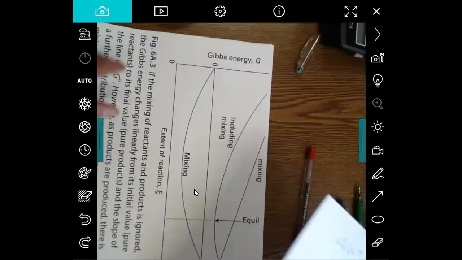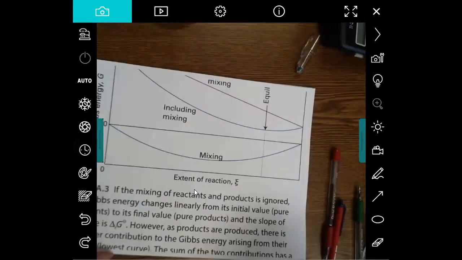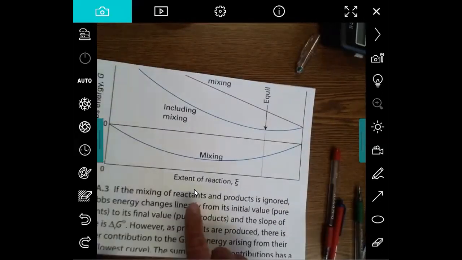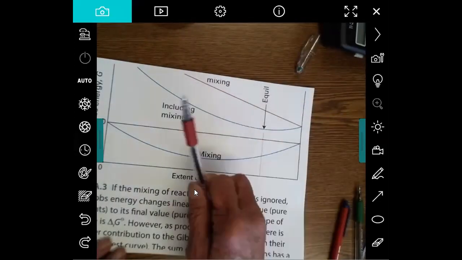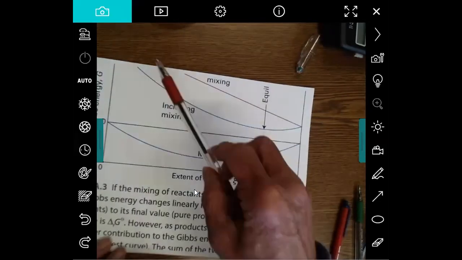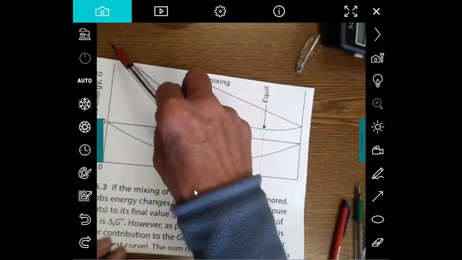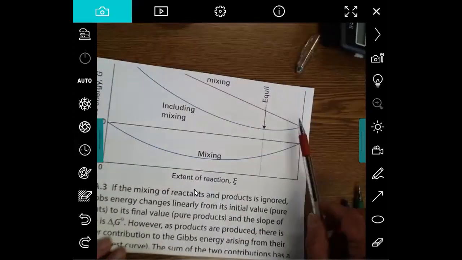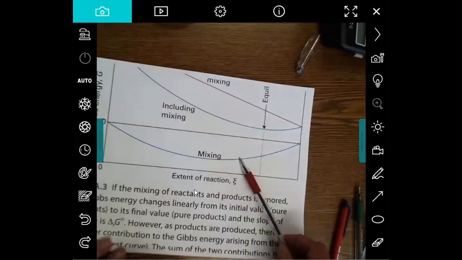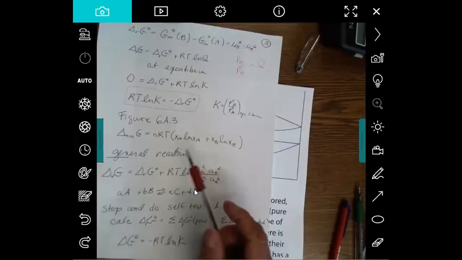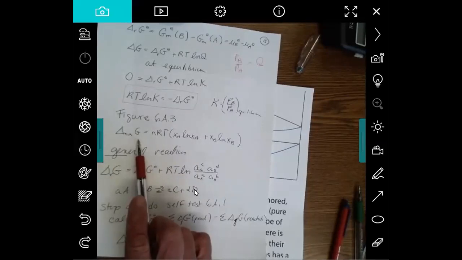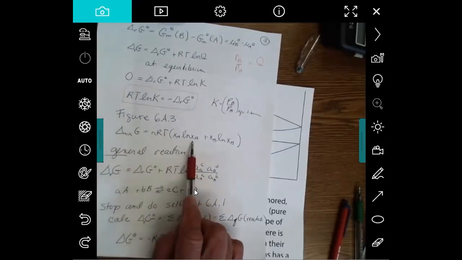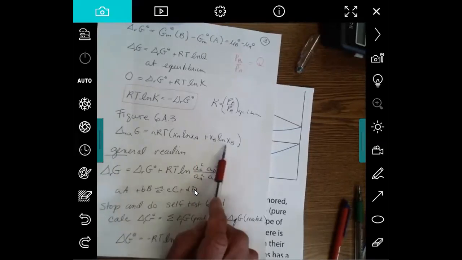So let's just look at this figure. If you're graphing Gibbs free energy versus extent of reaction, it would end up being just a straight line going from the chemical potential of pure A to pure B. But remember, when we mix two perfect gases, the chemical potential always is lower for the mixture, because each of these terms is negative, since mole fraction is less than 1.